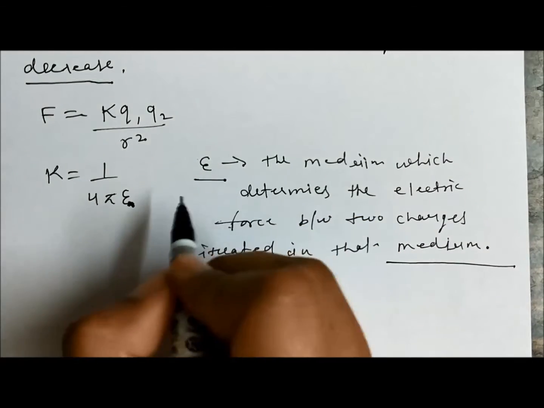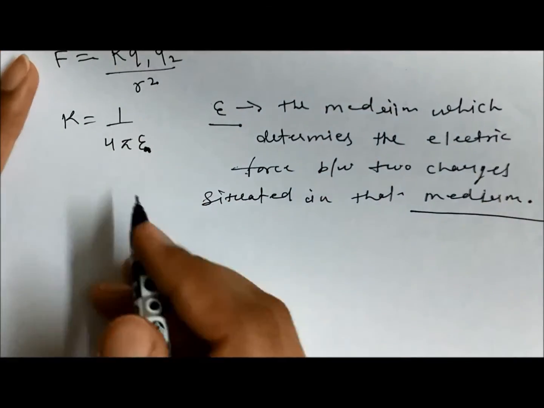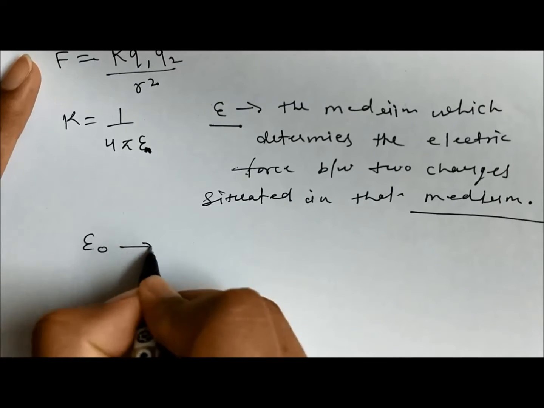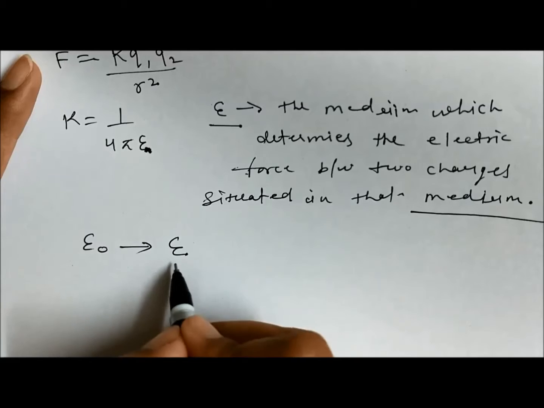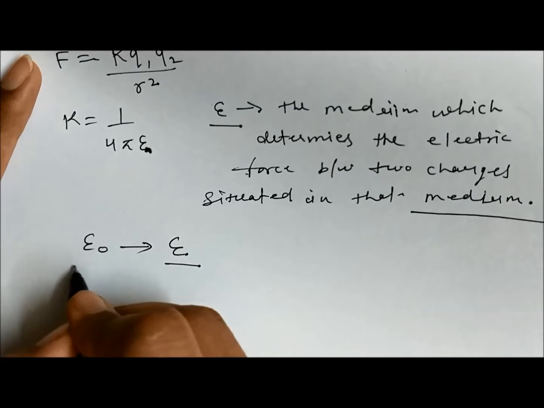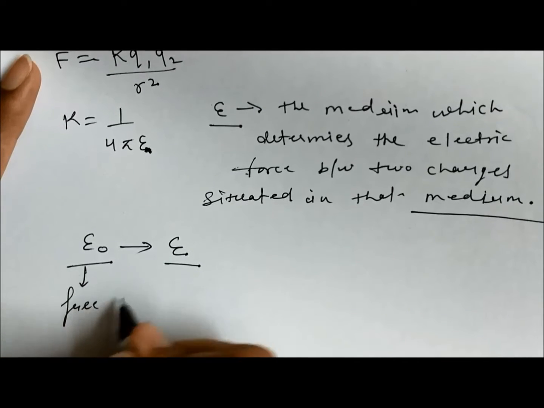If point charges are immersed in a dielectric medium, then epsilon 0 is replaced by epsilon, a quantity characteristic of matter involved in such cases, where epsilon 0 is permittivity in free space.